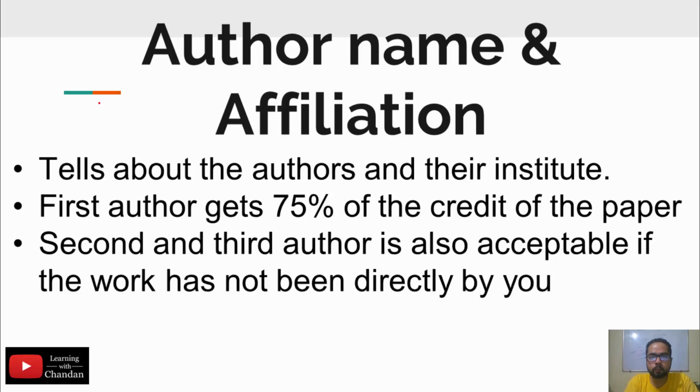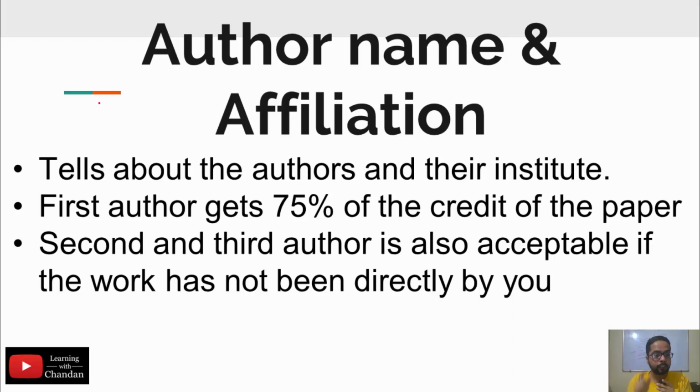Now coming on to the author name and affiliation. I will be very straightforward with you: the one who has done the work should be named as the first author, because the first author always gets 75% of the credit of the work.